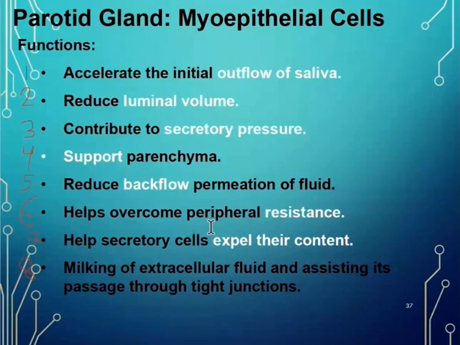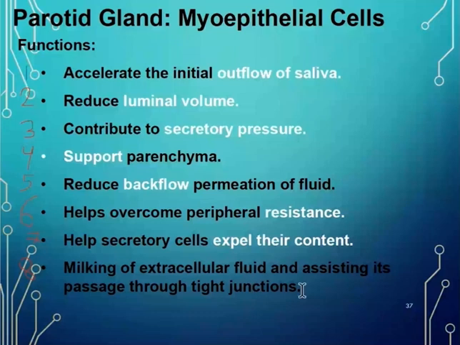We need increasing overall permeability from the acini towards the outside surface. Other possible functions include assistance of the parenchymal cells to expel contents, like a milking effect of the extracellular fluid, and passage through tight junctions.